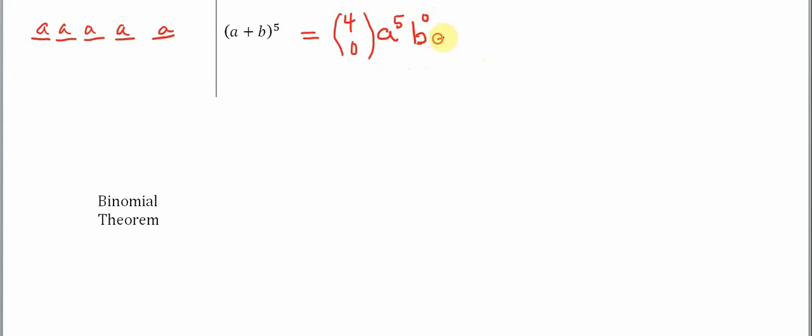Okay, the second type of term that I could have is if I have 4 A's and 1 B. So A to the 4th, B to the 1st. Okay, so that could look like this. It could be A and a B, but I could also rearrange these letters however I want. And there are, oh, excuse me, I messed this up.